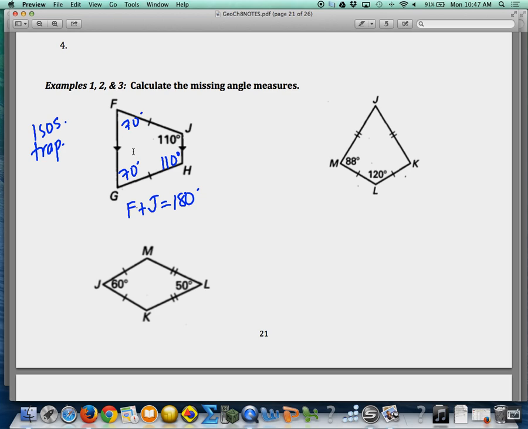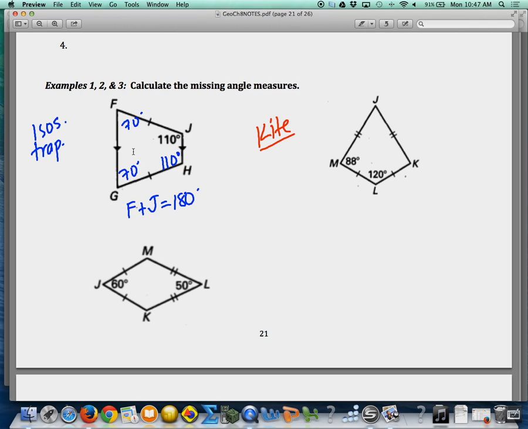Okay. Example number 2. What kind of figure is that? Kite. Okay. So one thing we know about a kite is that there's one pair of opposite angles that are congruent. In this case, are L and J congruent or M and K?